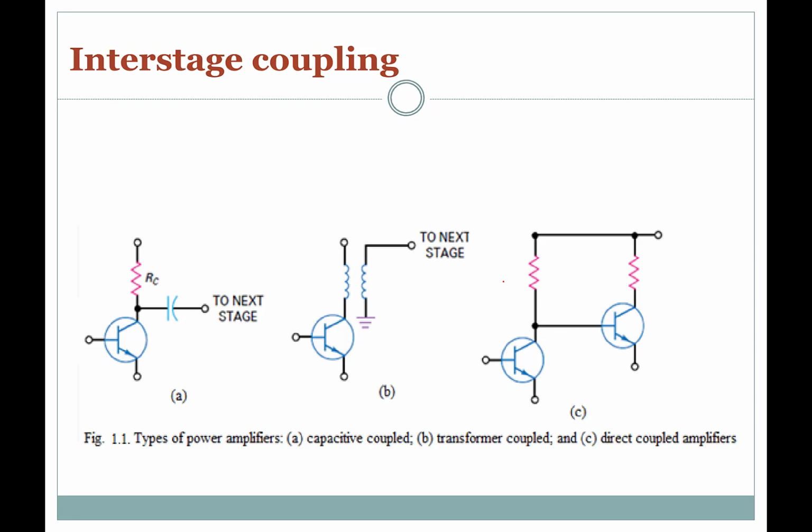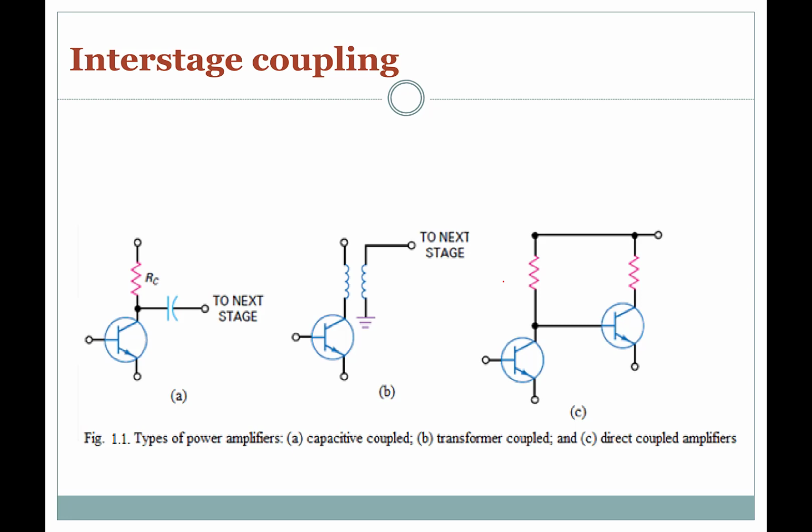Here we are restricting ourselves to three types of interstage coupling: the capacitive coupled amplifier, the transformer coupled amplifier, and the direct coupled amplifier.